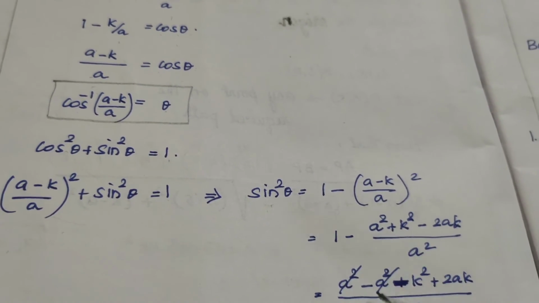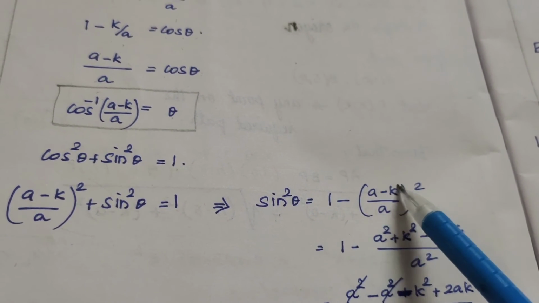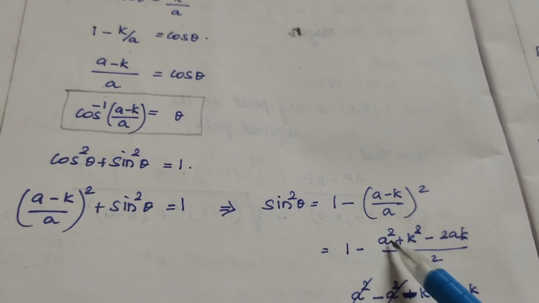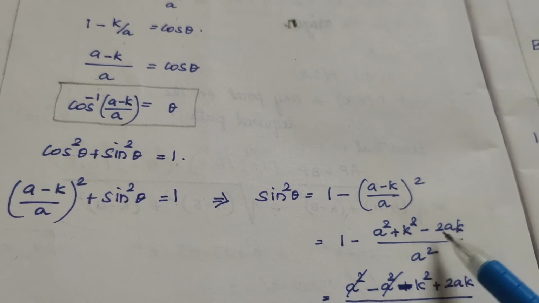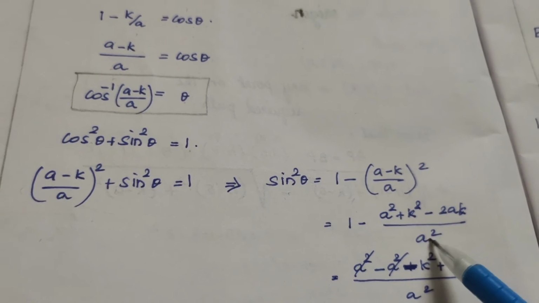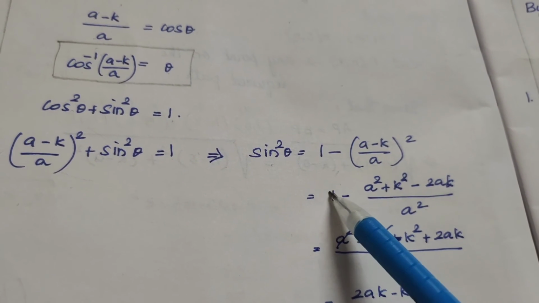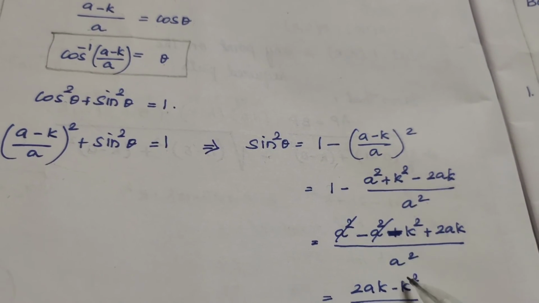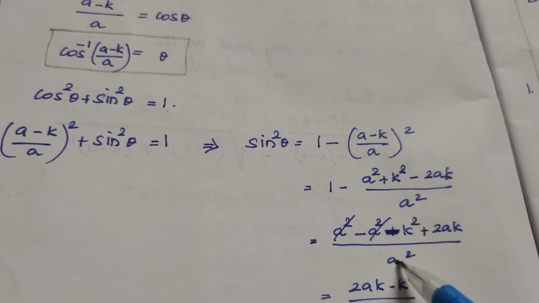Now 1 as it is, and (a minus k) whole square is the (a minus b) the whole square formula: a square plus k square minus 2ak, by a square. This is a whole number and this is a fractional number, so we take the LCM. So this 1 becomes a square.